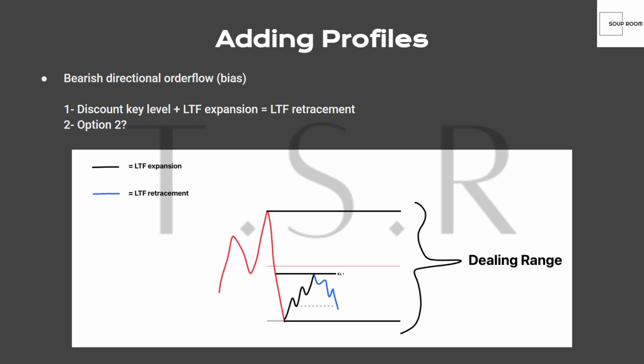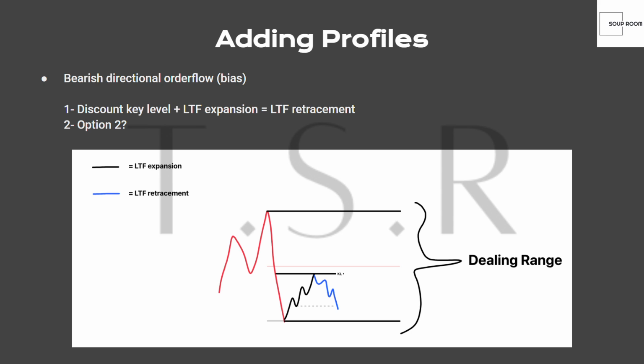So what happens when the situation is bearish, when the bias is bearish? We have two options, once again, very similar to the previous options of the bullish situations. Option 1, we have a key level in a discount and a lower time frame expansion.